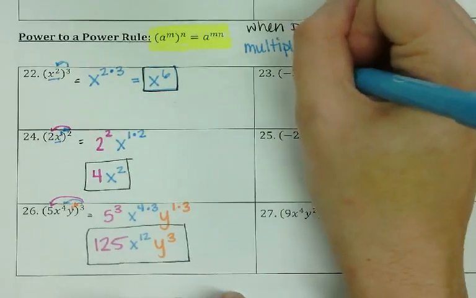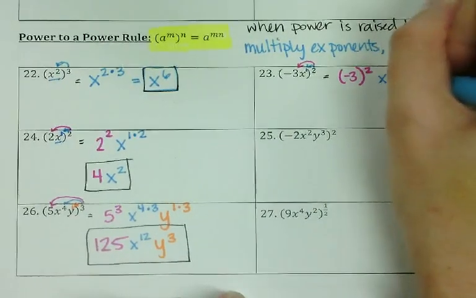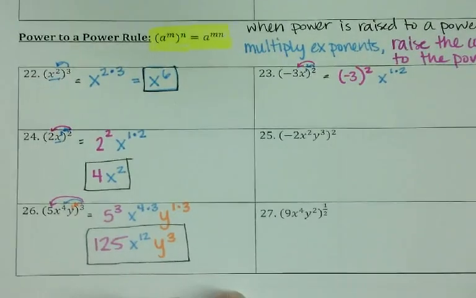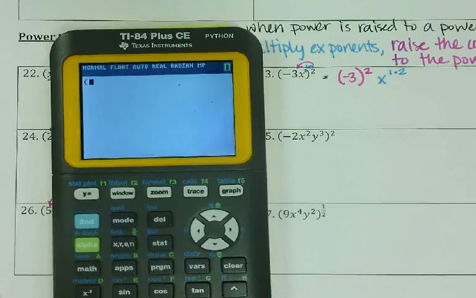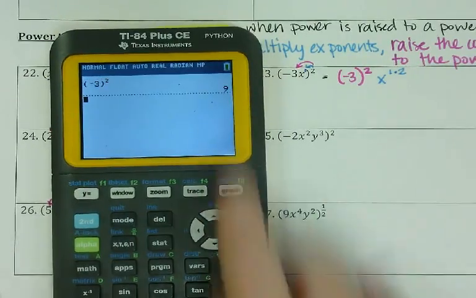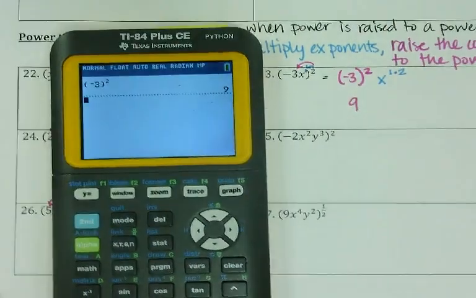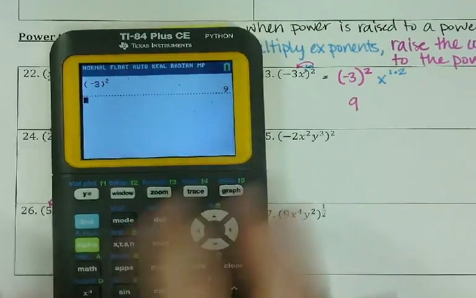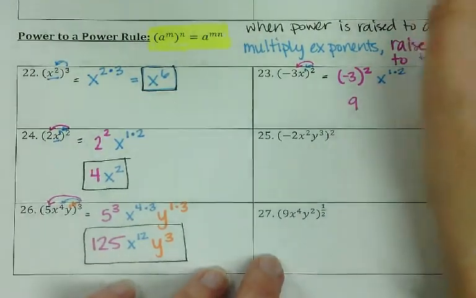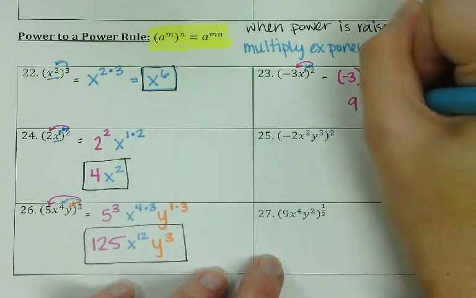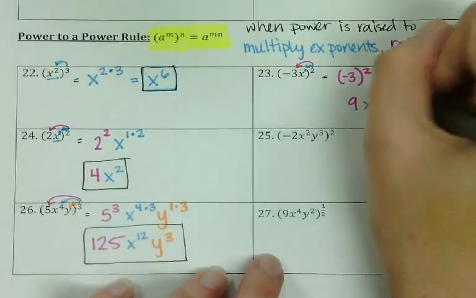And then we have x to the 1 times 2. So that really becomes negative 3 squared in the parentheses, which would give us a positive 9, because negative 3 times negative 3 gives you a positive 9. And then x, 1 times 2, is just squared.